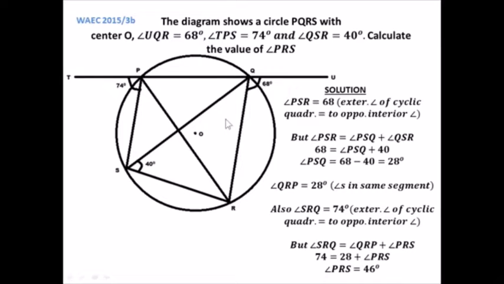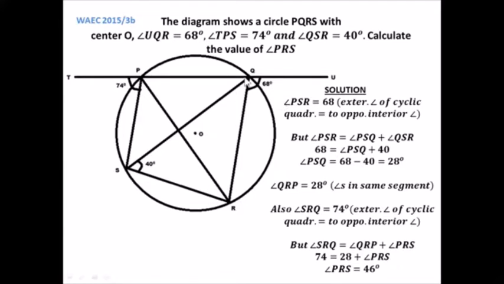In a cyclic quadrilateral, we have two theorems: opposite interior angles of a cyclic quadrilateral are supplementary, that is, they add up to 180 degrees. And we also said that the exterior angle of a cyclic quadrilateral is equal to the opposite interior angle.